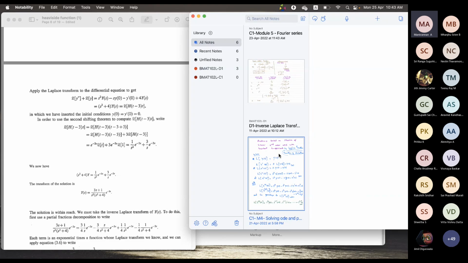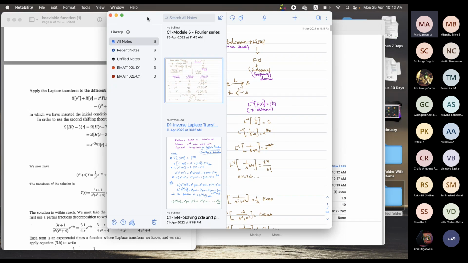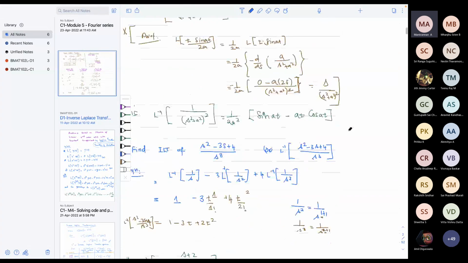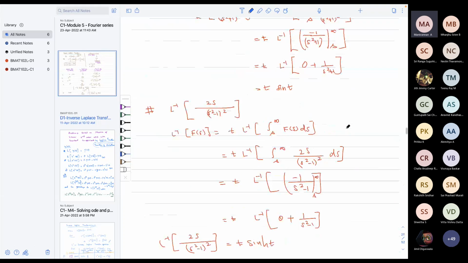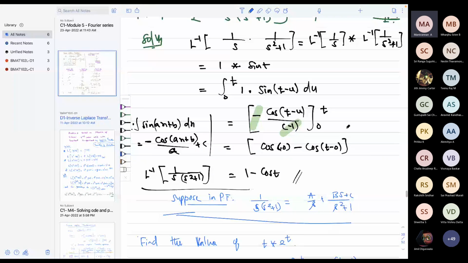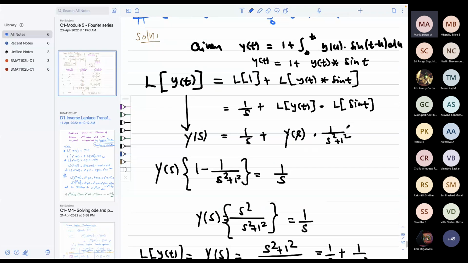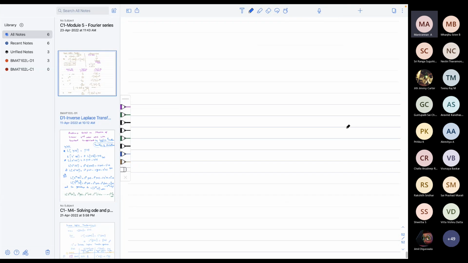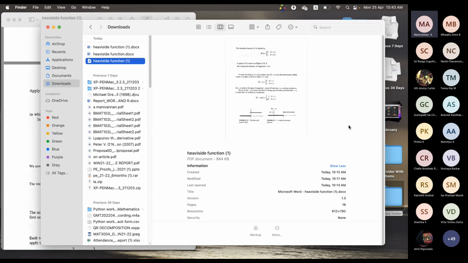This inverse Laplace transform, I think this is E1. Oh, we have not discussed that. Okay, ma'am, that's why. Your question is correct.